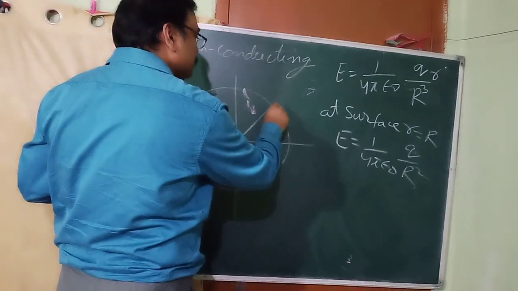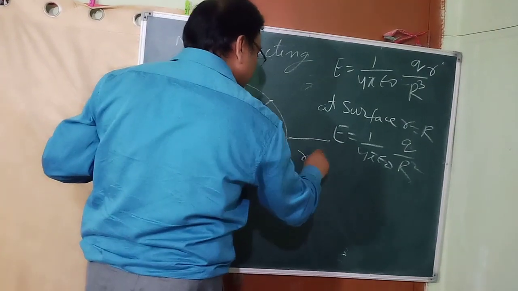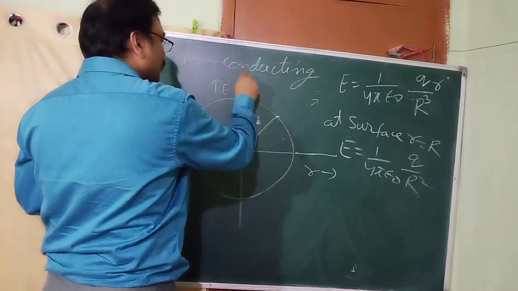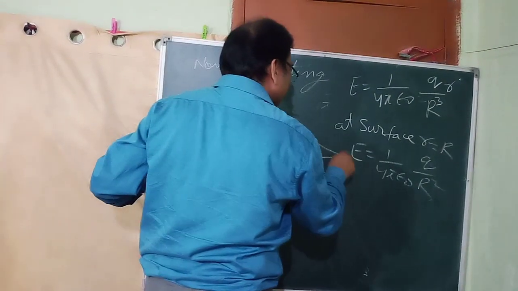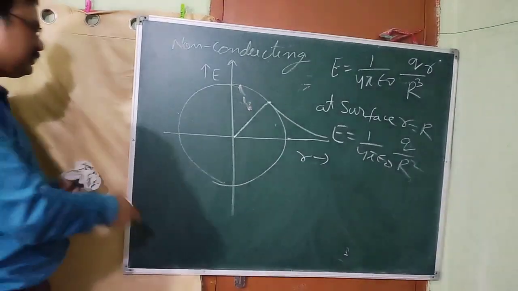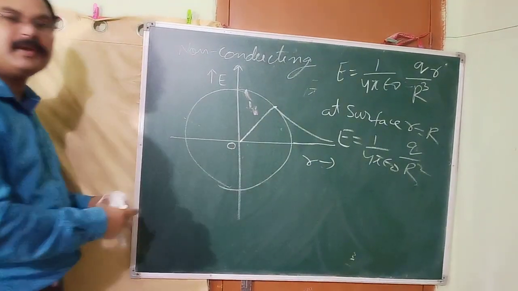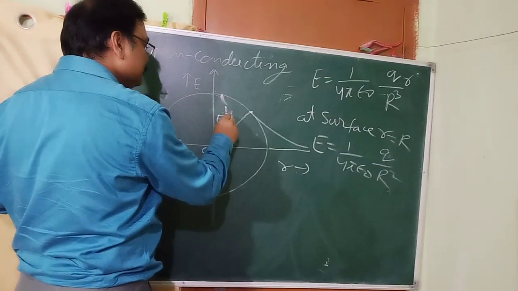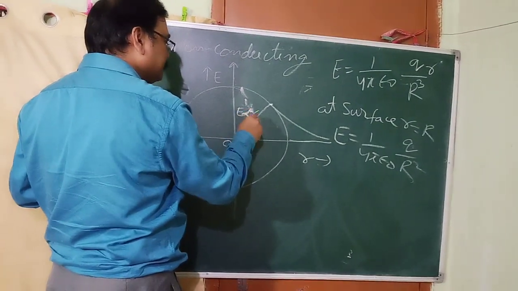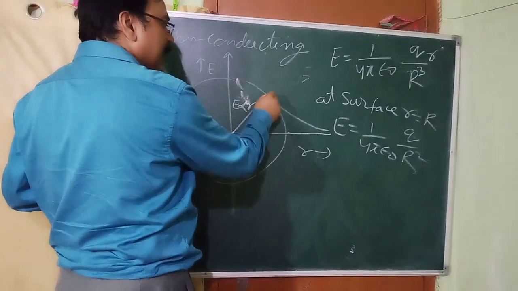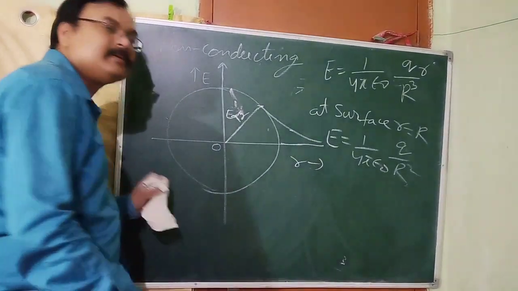Here this is the distance, and here it is the electric field intensity. And then it starts decreasing. That's what happens in the case of a non-conducting sphere. This is the origin. First it increases, that means here E is proportional to r. And then it becomes maximum and then it decreases.